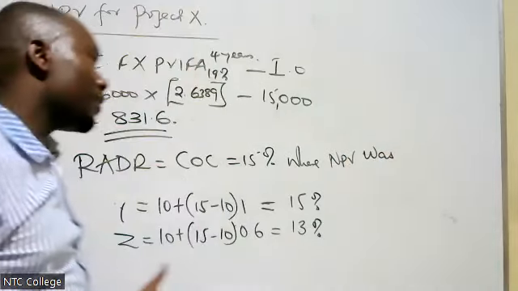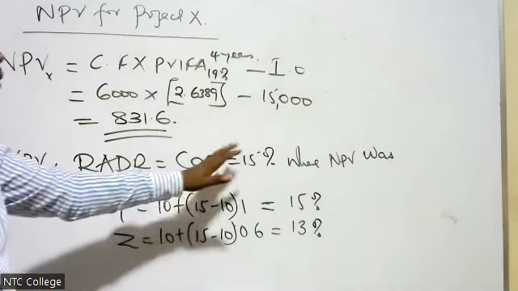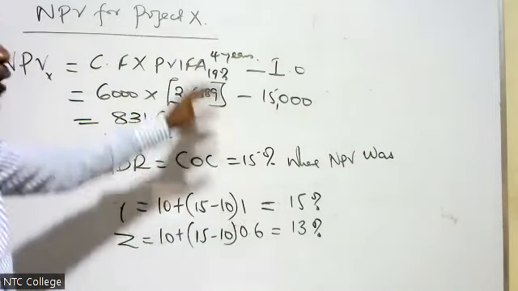Nasema hakuna haja turudie because tulikuwa tumefanya hii in the previous example where the cost of capital was the same as 15%, and that is the same as RAD here. We have gotten the NPV.